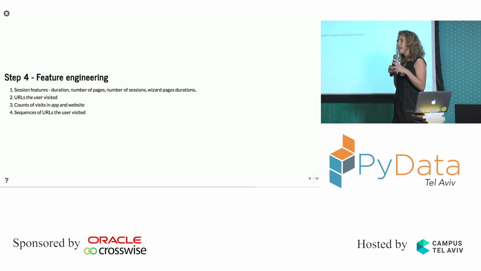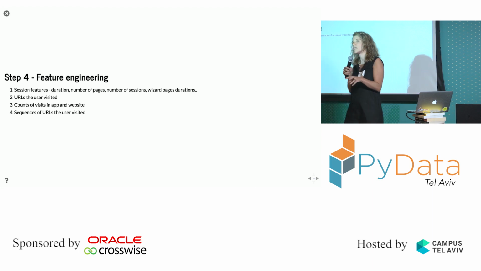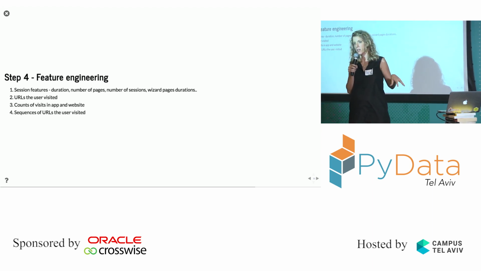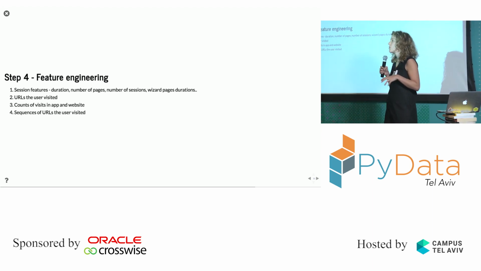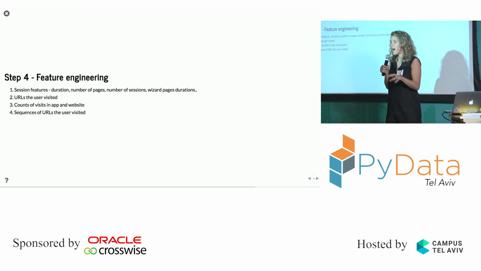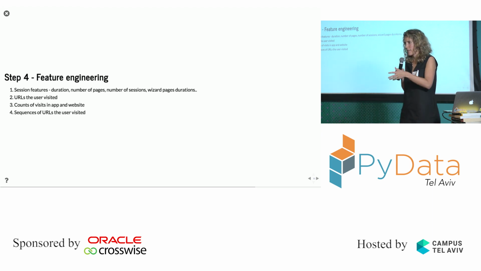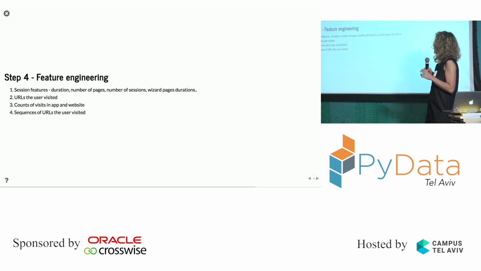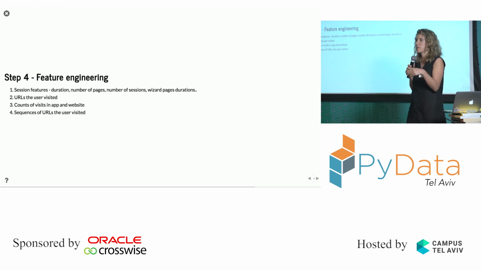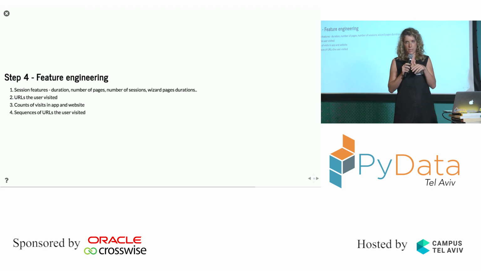And also, besides the URLs the user visited, also the sequences of URLs he did, because sometimes it means something different. If you go from one page to another, it's different than if you go from the first page to yet another page. It has meaning, the way you do it. So I put also Boolean features for this, the sequence that the user did on our website.